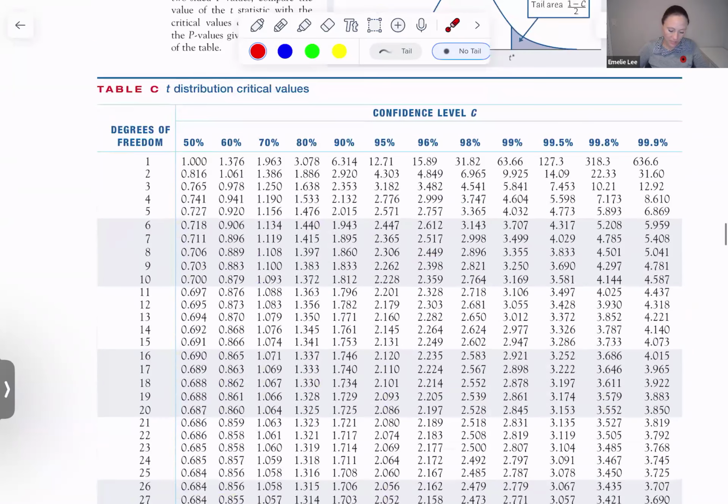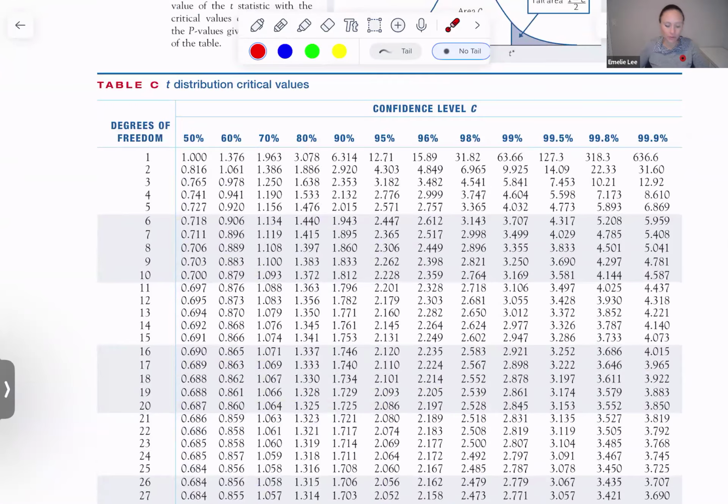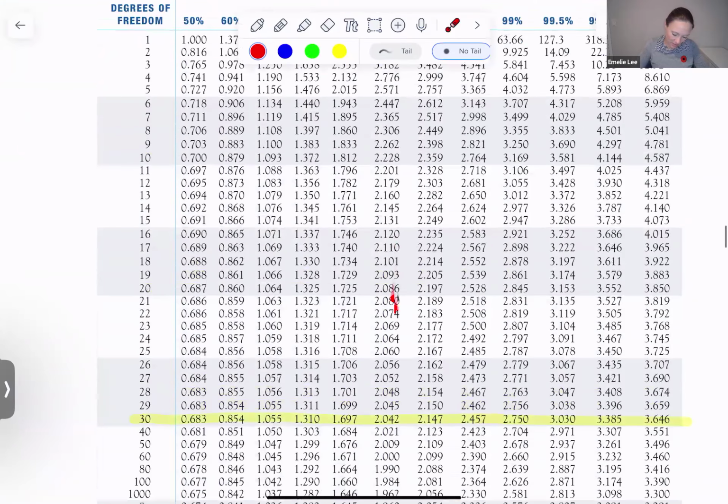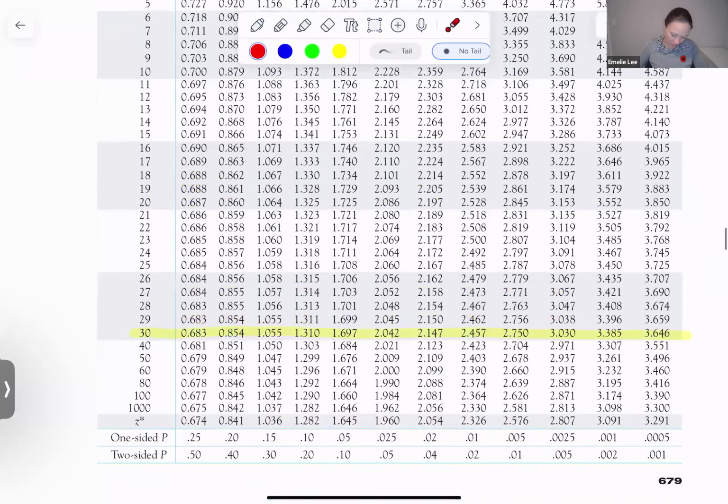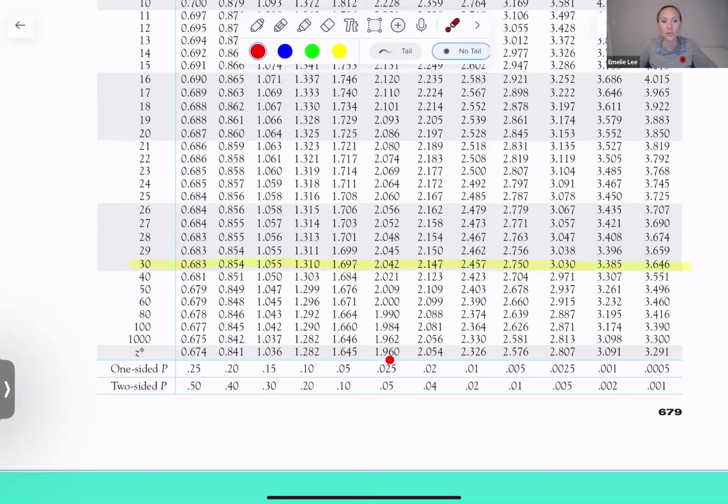Which means that, kind of getting ahead of myself, if you want to make a confidence interval and you need a T star, for a 95% confidence interval, you would use a T star of 2.042 as opposed to a Z star of 1.96. They're very, very similar.